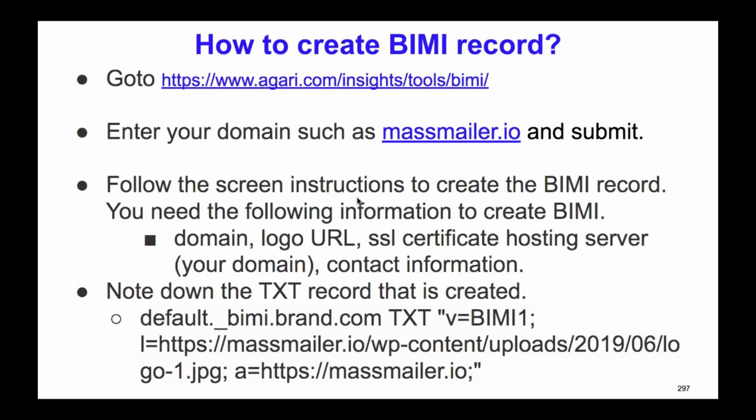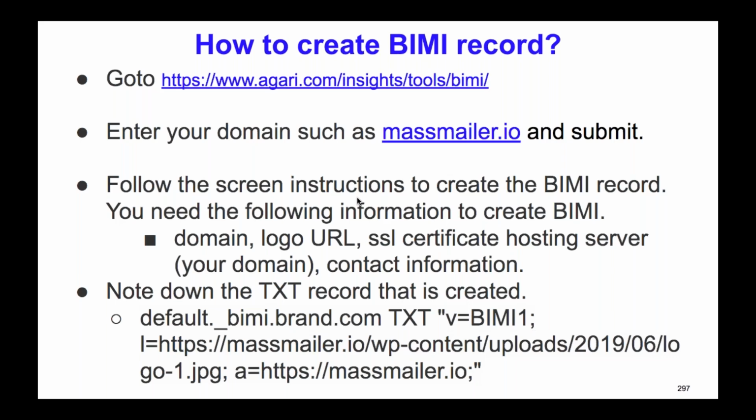Once you hit submit, it creates a BIMI record notation for you. Again, this is an example: default._bimi.brand.com. Brand is nothing but your domain.com. And it's a TXT record, so it is displayed as TXT record values such as v=BIMI1.